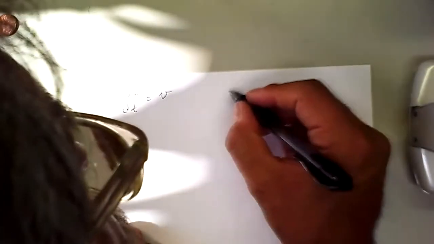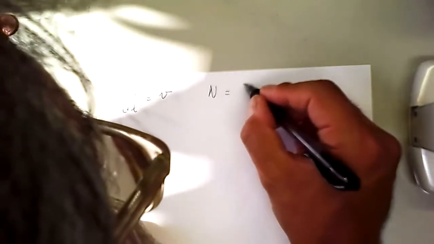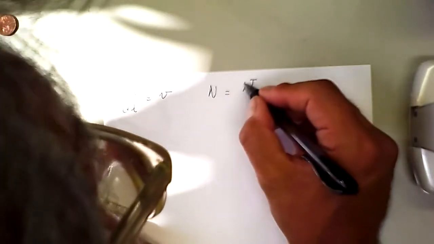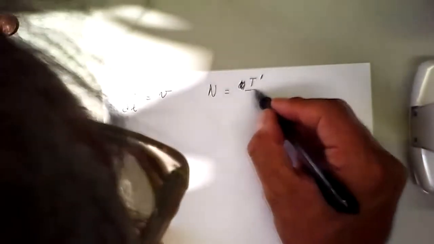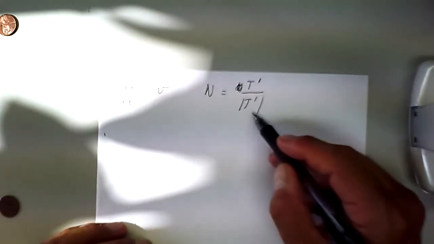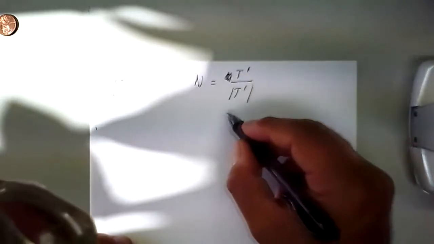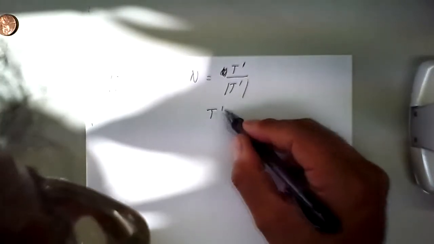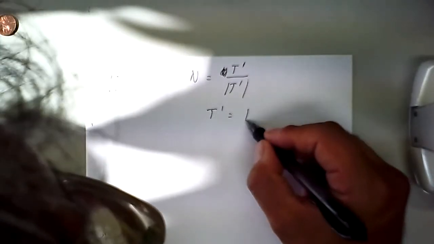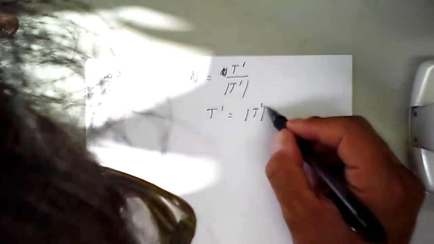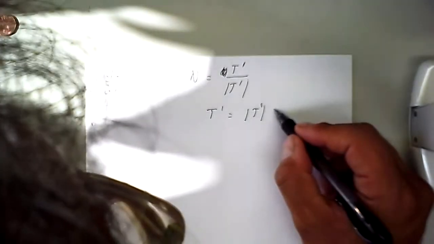Okay. What else do we need to know? Well, the normal vector is equal to the derivative of the tangent vector over the magnitude of the tangent vector, which means that the derivative of the tangent vector is equal to the magnitude of t prime times the normal vector.